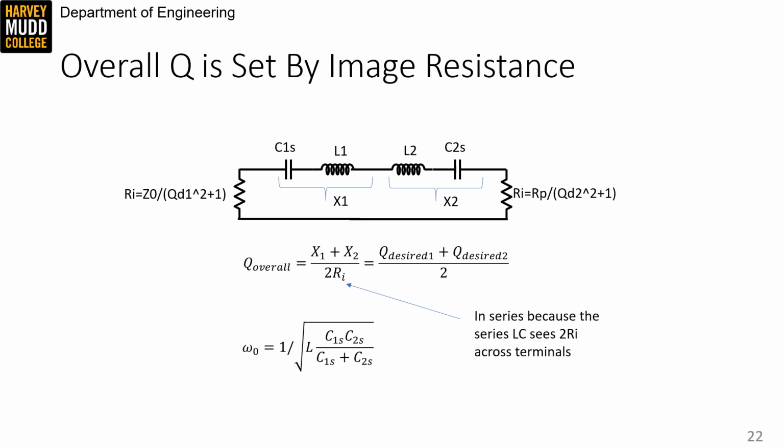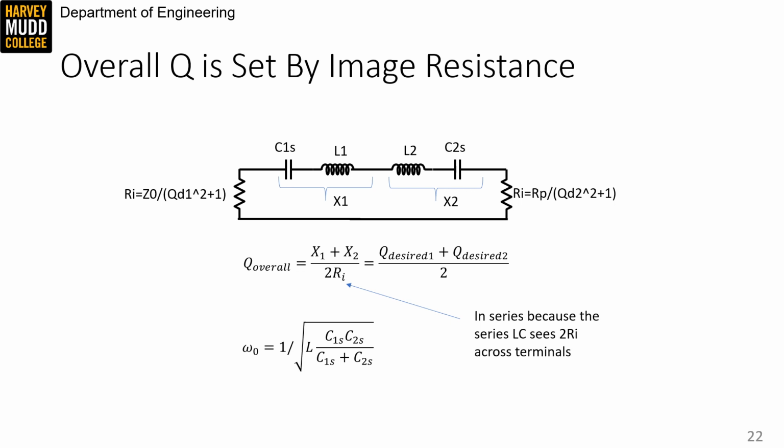So the effective component resistance is 2 Ri. Therefore, the component Q is given by the compound reactance divided by the compound resistance, because this is a series component. So we find that it's x1 plus x2 divided by 2 Ri. This expression can be rewritten in terms of Q desired 1 and Q desired 2 from the last slide, which reveals that our overall Q is the average of Q desired 1 and Q desired 2.